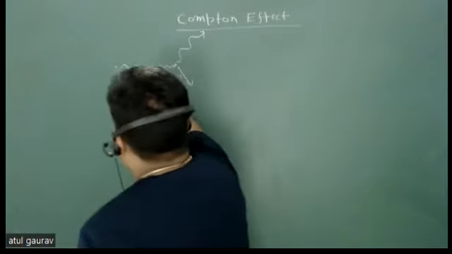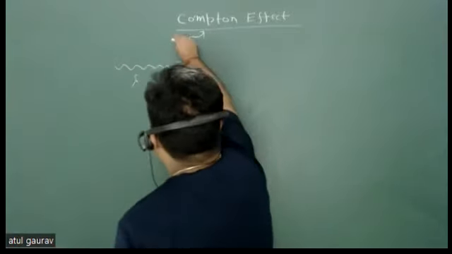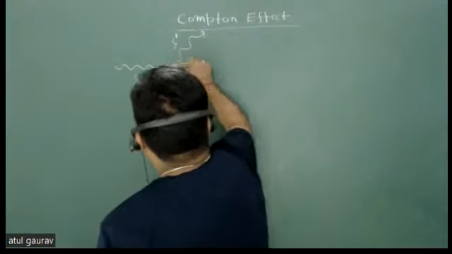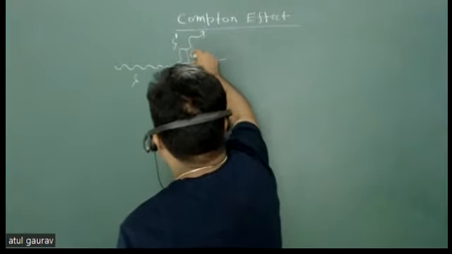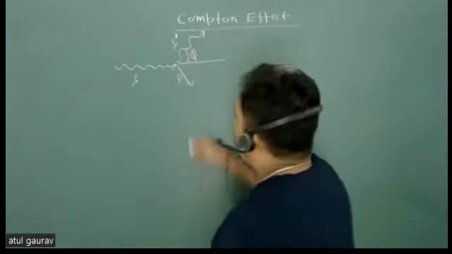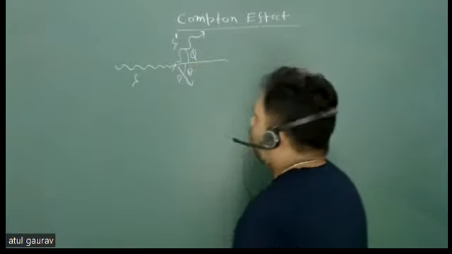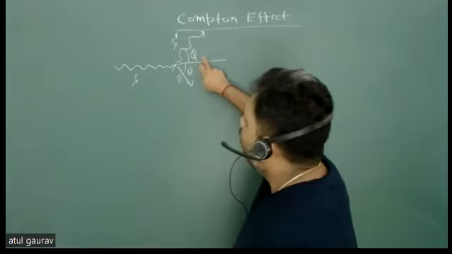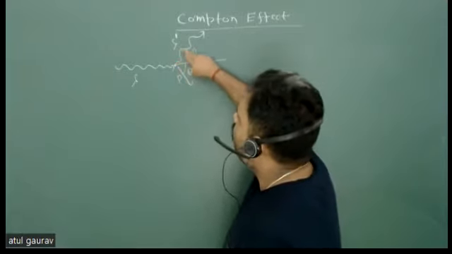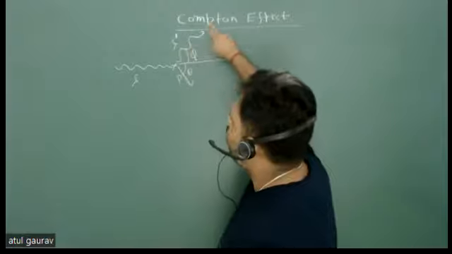Let's say this is my lambda, the incoming wavelength, and this is my lambda dash, and we have two angles. Phi is the scattering angle, and theta is known as the recoil angle.